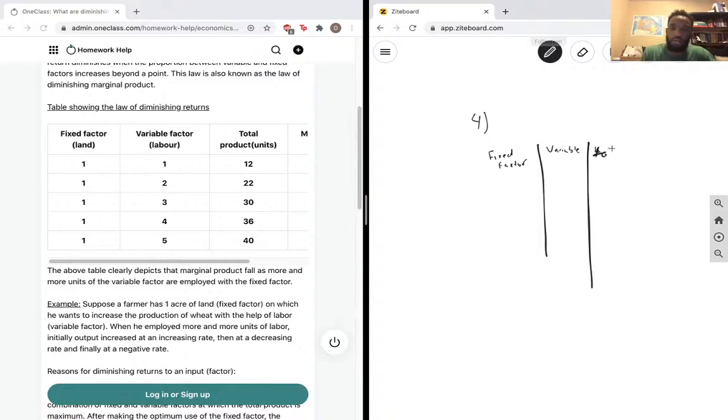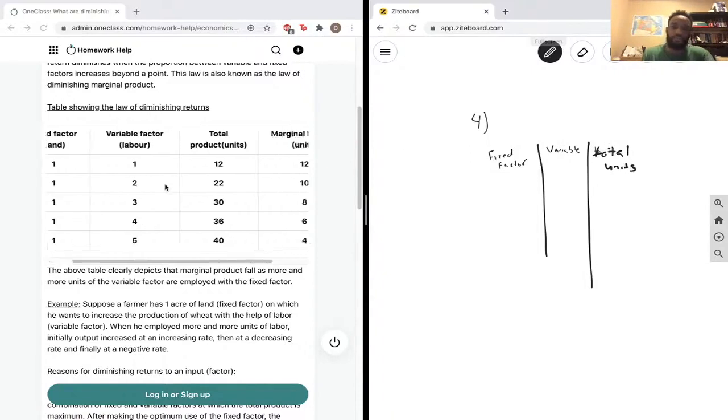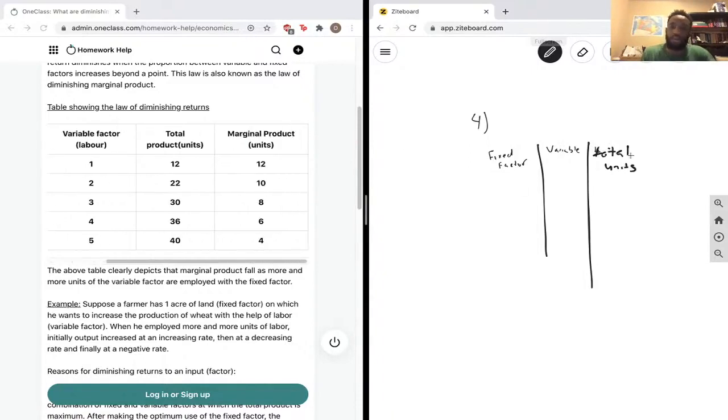This is the total units, and this is the marginal product.